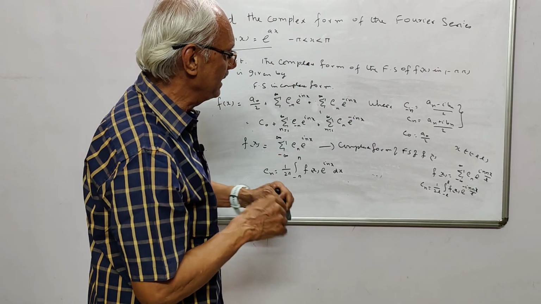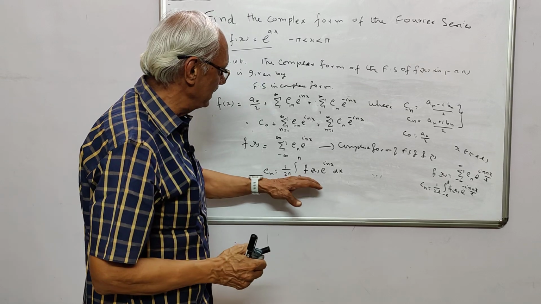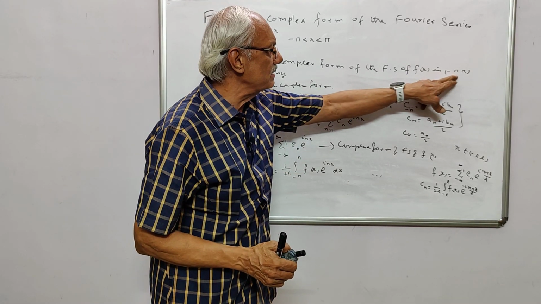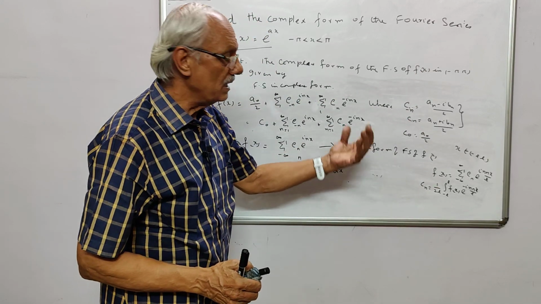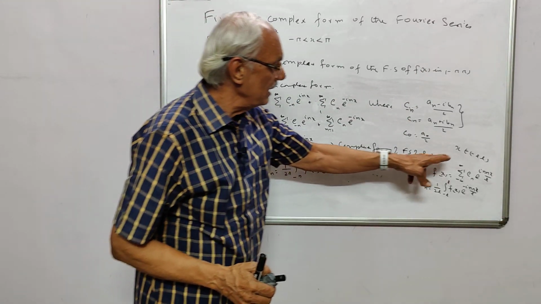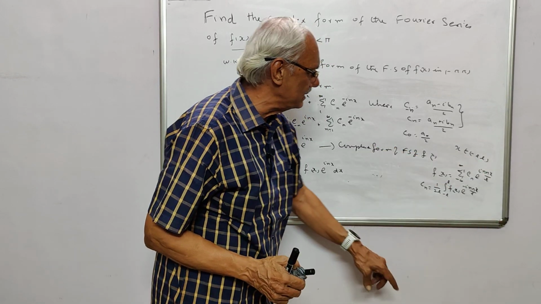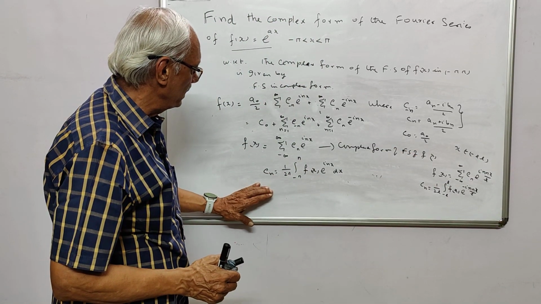So I will repeat this. I have written at the end here, this is for x defined in minus pi to plus pi. If you are given a general interval, x lying in minus L to plus L, the same formula you can use.